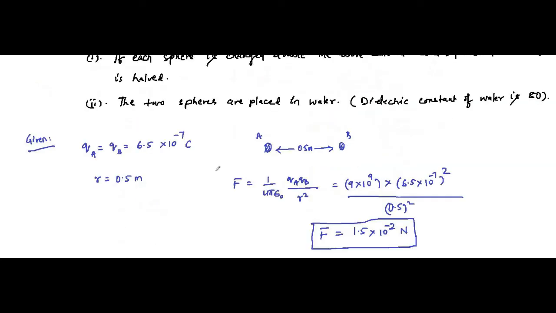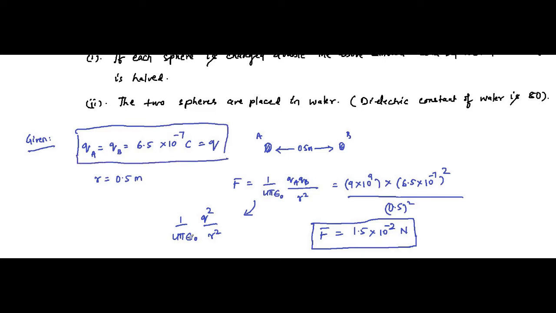If we write qa and qb as q, then this equation becomes 1 by 4 pi epsilon 0 q square by r square, because if we substitute qa equals qb and write it as q, the equation becomes like this.